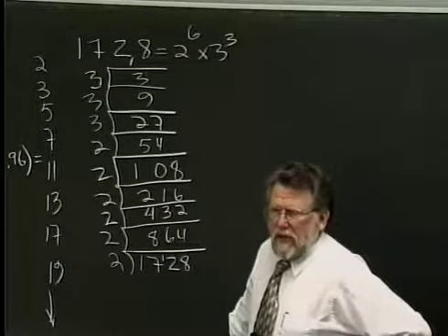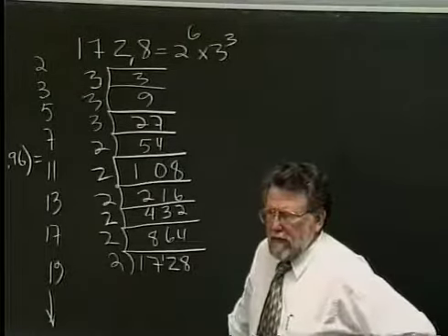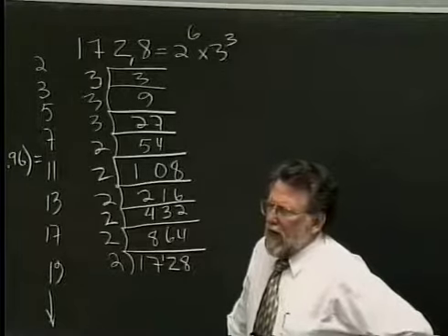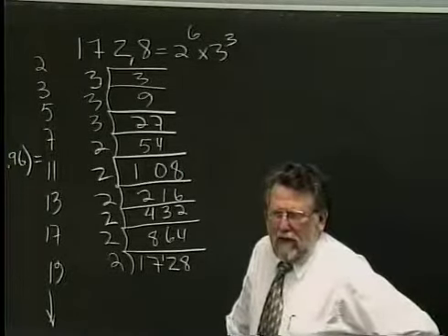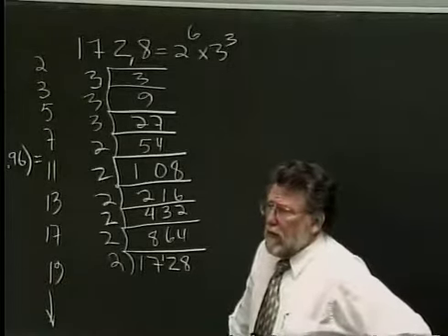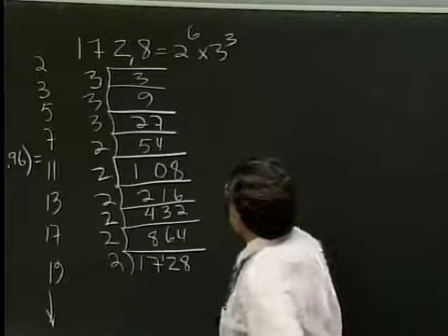Now in that same sense, we can call this factoring. So we are factoring 1728 into a product of primes. And if I were to, with some of the things we've done this last week, where we talked about trinomials, and in particular we talked about a trinomial perfect square.